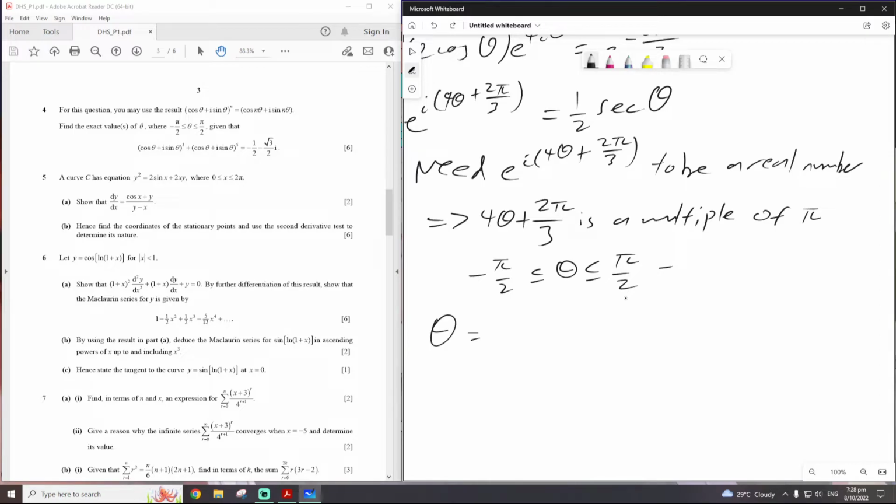This is negative pi over 2 plus 2 pi over 3, so this is negative pi over 6. Is it? Less than or equals to theta plus 2 pi over 3, less than or equals to pi over 2 plus 2 pi over 3. This is 7 pi over 6.